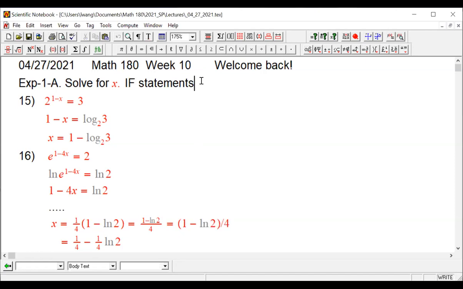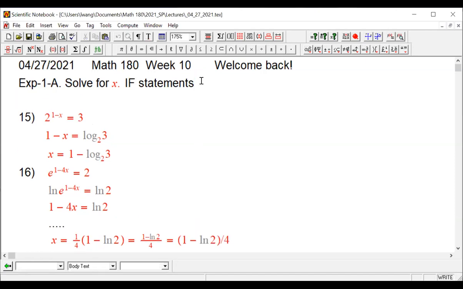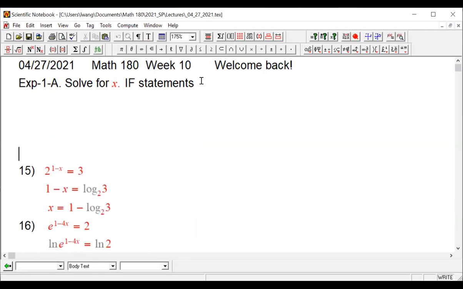Very, very good job. So let's look at 17 and 18. If I do 17, you will realize 18 is a piece of cake. Even though both sides are positive, you don't want to take a logarithm yet.